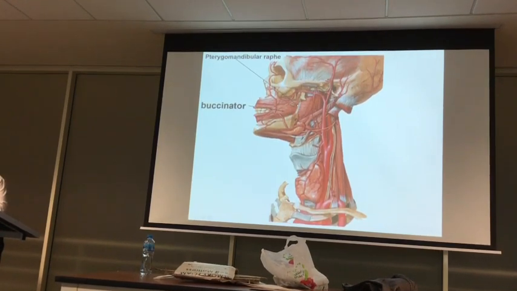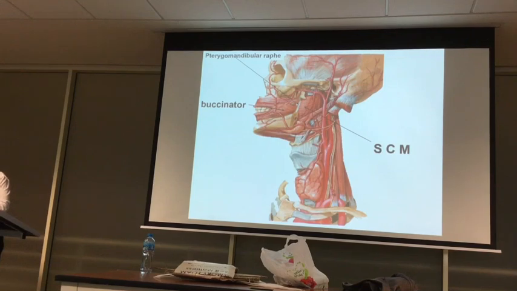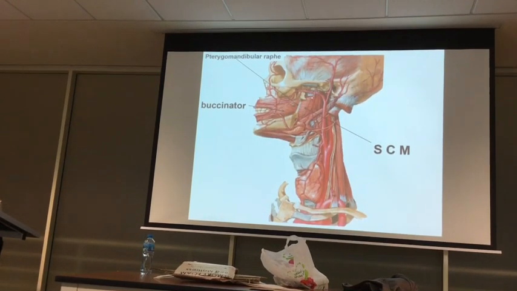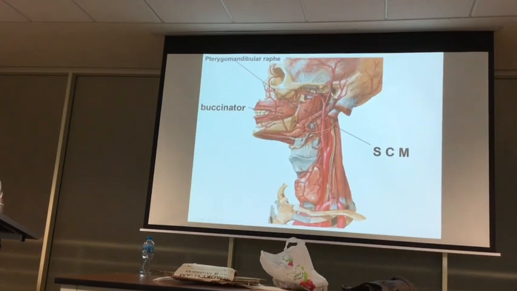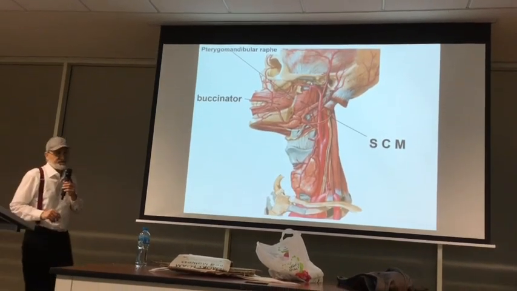Pterygomandibular raphe, buccinator, SCM, superior constrictor muscle of the pharynx. We notice that the superior constrictor muscle of the pharynx doesn't go up to the base of the skull. There is a gap in the wall of the pharynx.